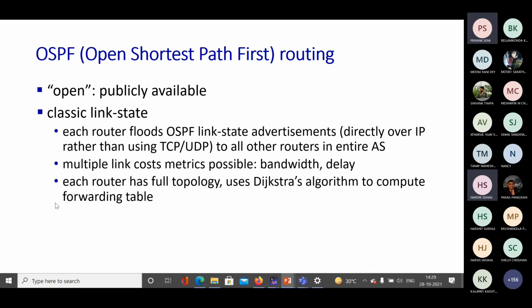Now, there are multiple link cost metrics that are possible in this case, mostly used are bandwidth and delay. By flooding this link state information, each router will have the full topology of the entire network, and then they can simply use Dijkstra's algorithm to compute the forwarding table.